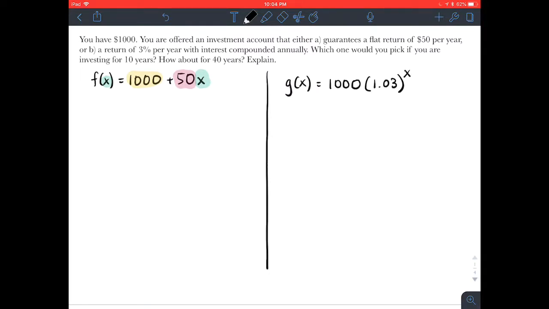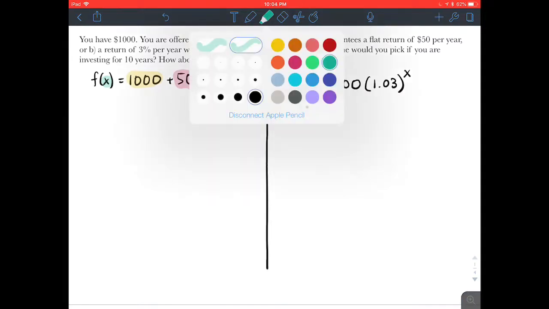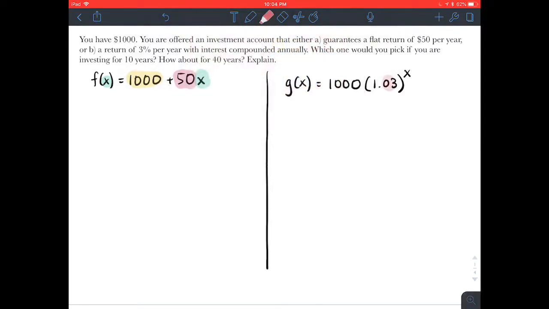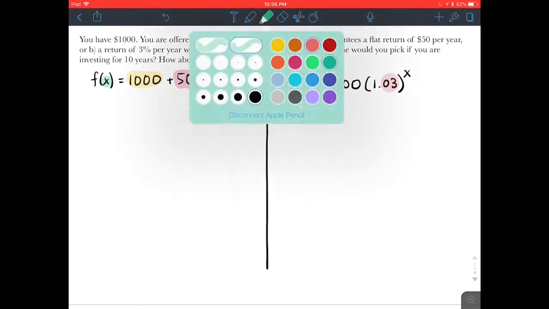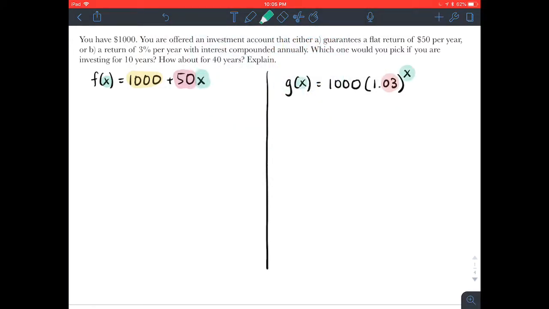The reason we have 1.03 is that we're using our formula for exponential growth, where we take 1 plus the rate of change for growth, which is 3% or 0.03. Now, another way to think about this is that every year in this account, you have 103% of what you had the year before.